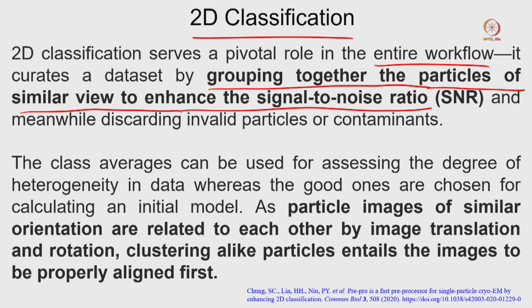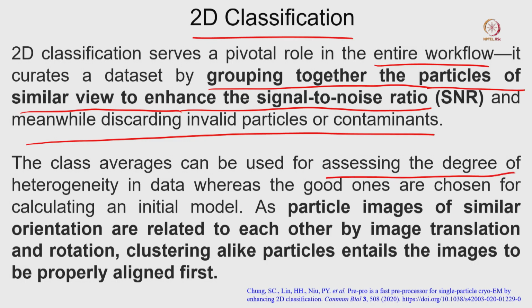Meanwhile this also discards invalid particles or contaminants. The class averages can be used for assessing the degree of heterogeneity in the data, whereas the good ones are chosen for calculating the initial model.